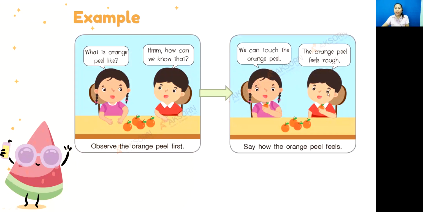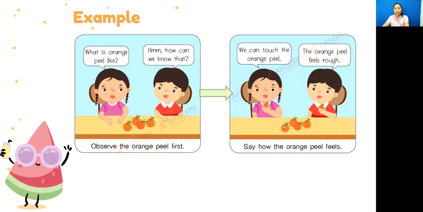And then he said, the orange peel feels rough. When you touch the orange, it feels rough, okay? So, say how the orange peel feels when you touch the orange. The peel of the orange feels rough.